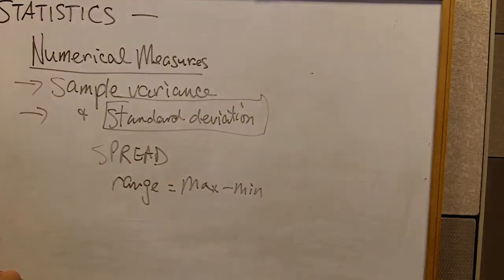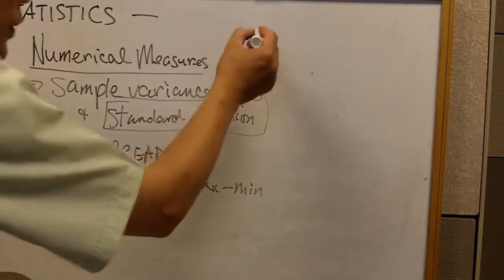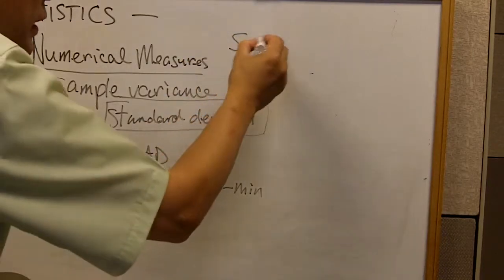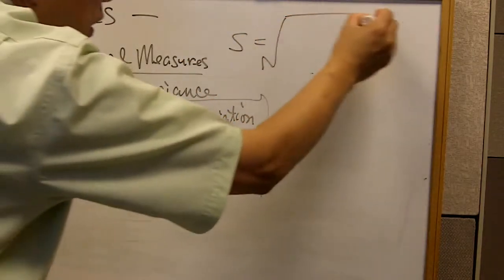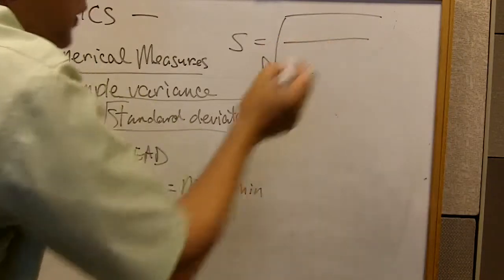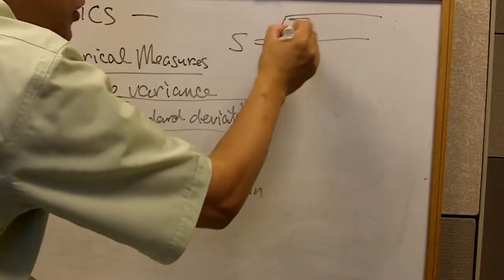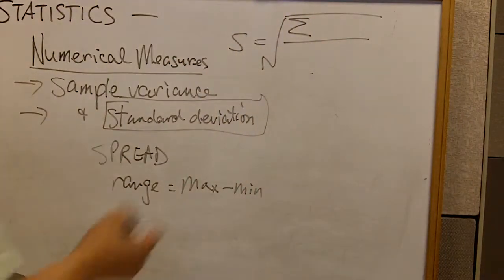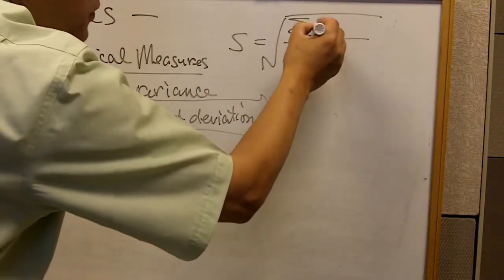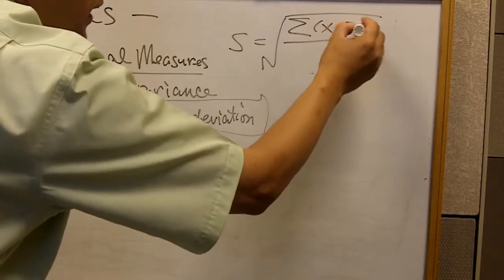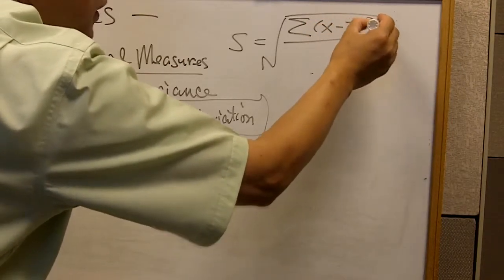The way to calculate a standard deviation is we use this equation. S for sample standard deviation is equal to the square root of this operation. In the numerator we have the sum of the following expression: x minus x bar squared.